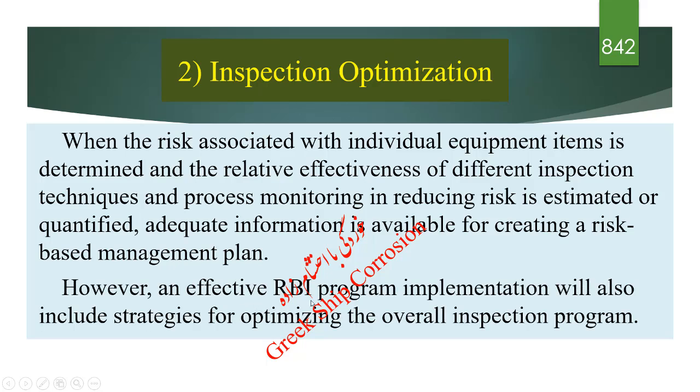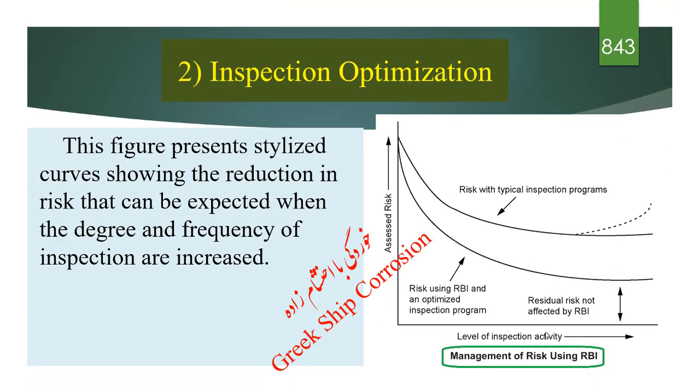However, an effective RBI program implementation will also include strategies for optimizing the overall inspection program. This figure presents stylized curves showing the reduction in risk that can be expected when the degree and frequency of inspection are increased.